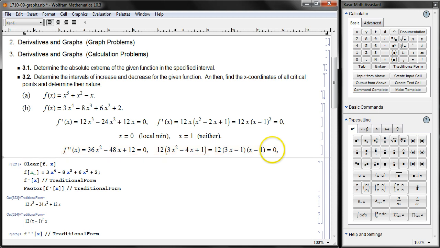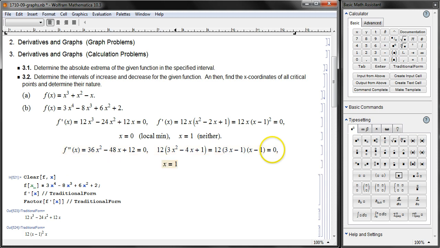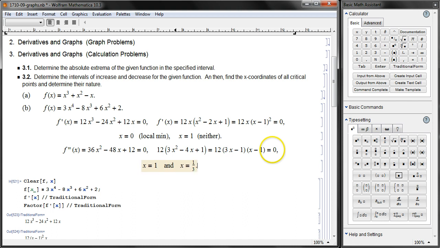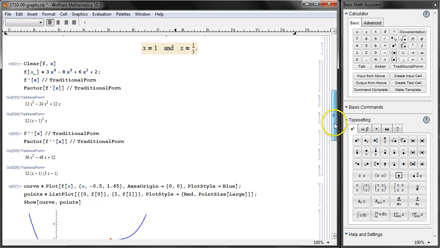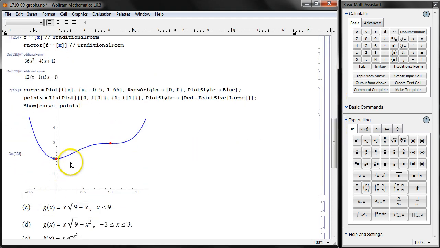We get x equals 1 and x equals 1/3, and these are inflection points. x equals 1 right here, x equals 1/3 may be somewhere here. That's where the concavity changes. Concave up, and then here inflection point, concave down, and here concave up again.